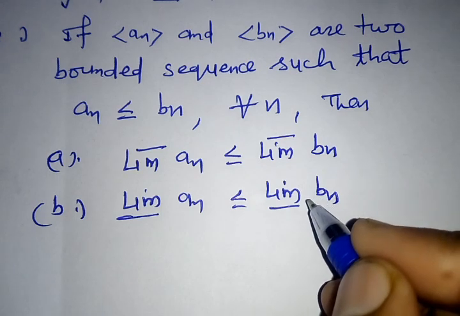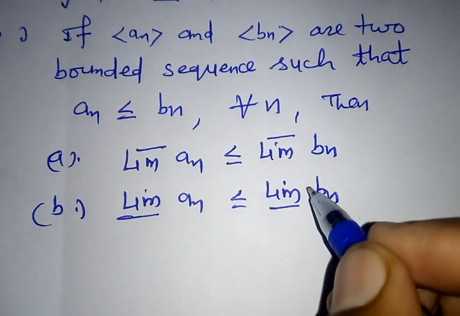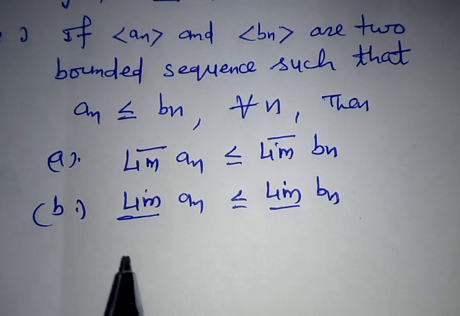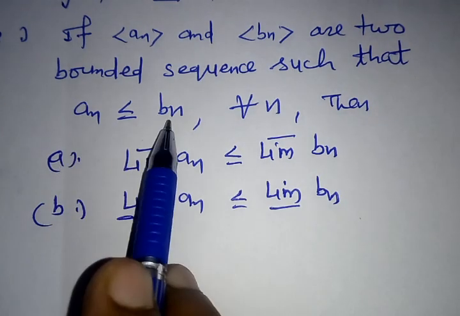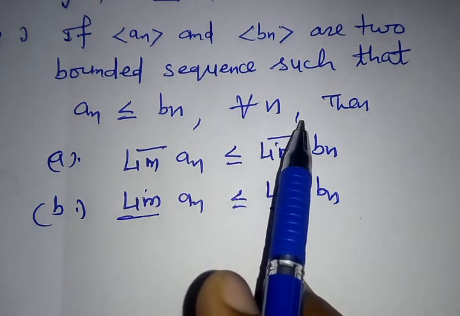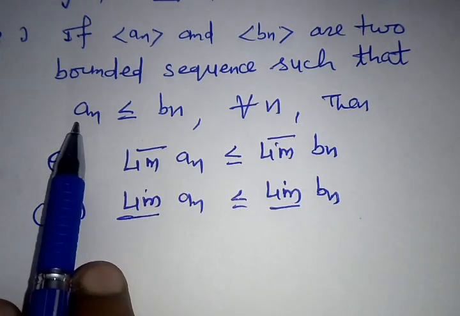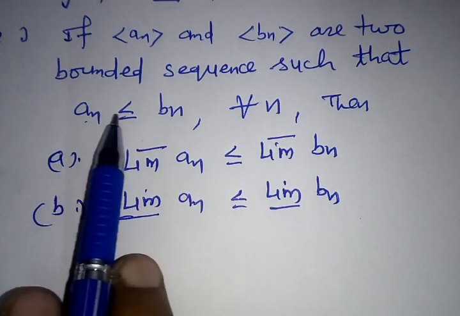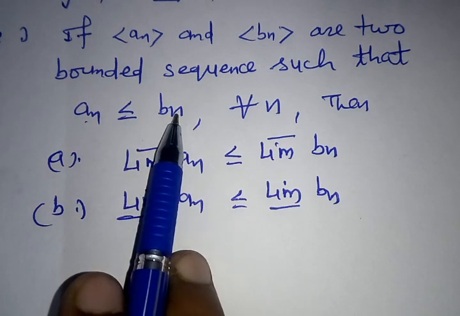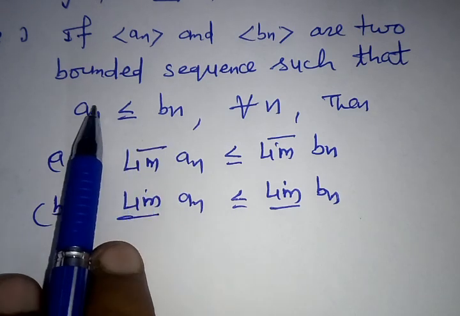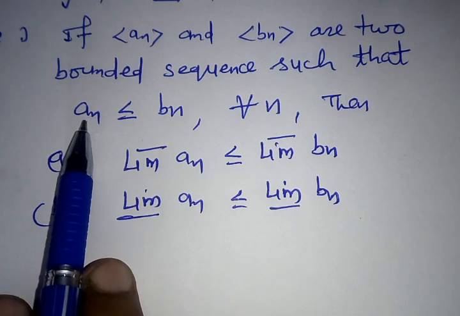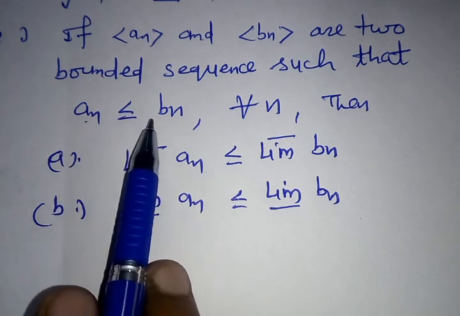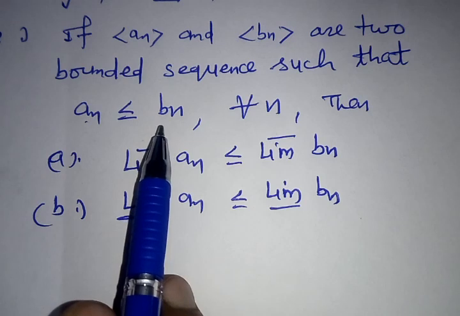So if we have two bounded sequences such that an is less than or equal to bn for each n, then limit superior of an is less than or equal to limit superior of bn. Similarly, limit inferior of an is less than or equal to limit inferior of bn.